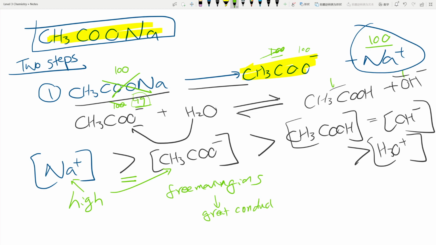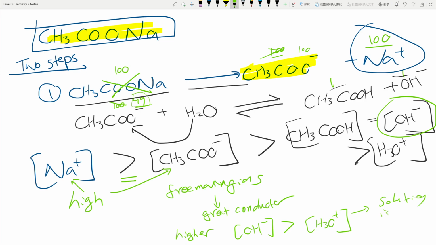Now the pH, can you see we have a higher concentration of OH minus compared to H3O plus, that means the solution is basic or alkaline. So this is what we call an alkaline salt.